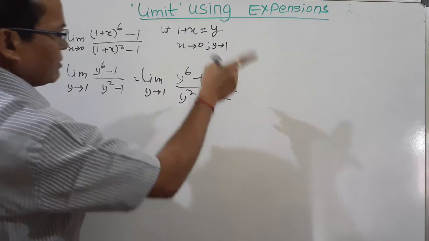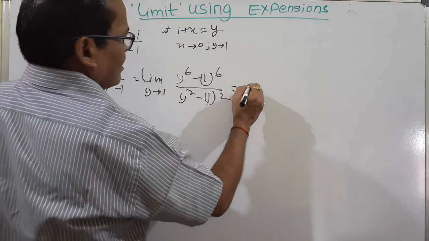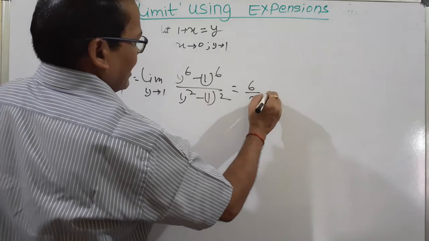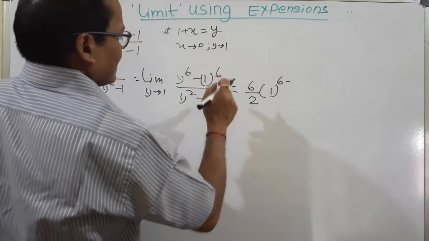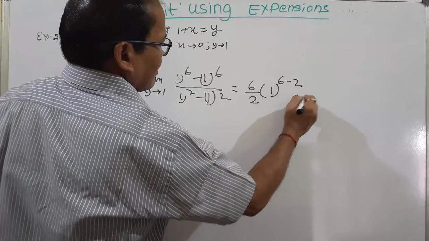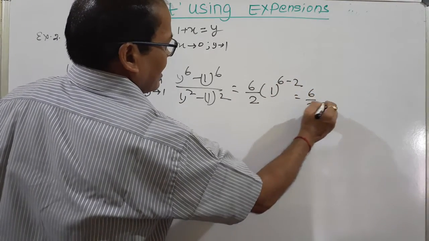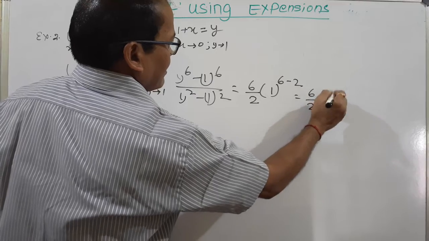The same way which you have done before. So we can do 6 divided by 2, and 1 to the power 6 minus 2, is equal to 6 divided by 2 and 1 to the power 4.